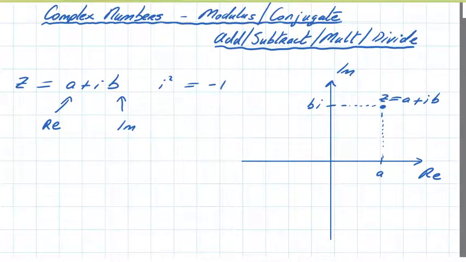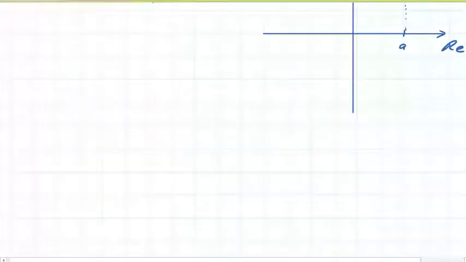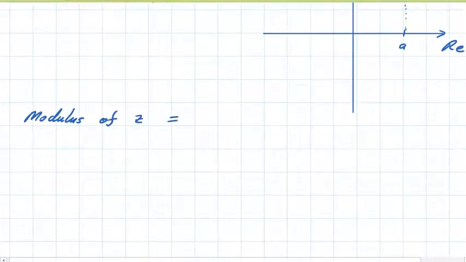Now, the first thing we're going to talk about is modulus. So this word modulus, what does it mean? If we say that number Z there is written as this, 2 lines with a Z, that means modulus. And in plain English, it means the distance of Z from 0, or the origin.